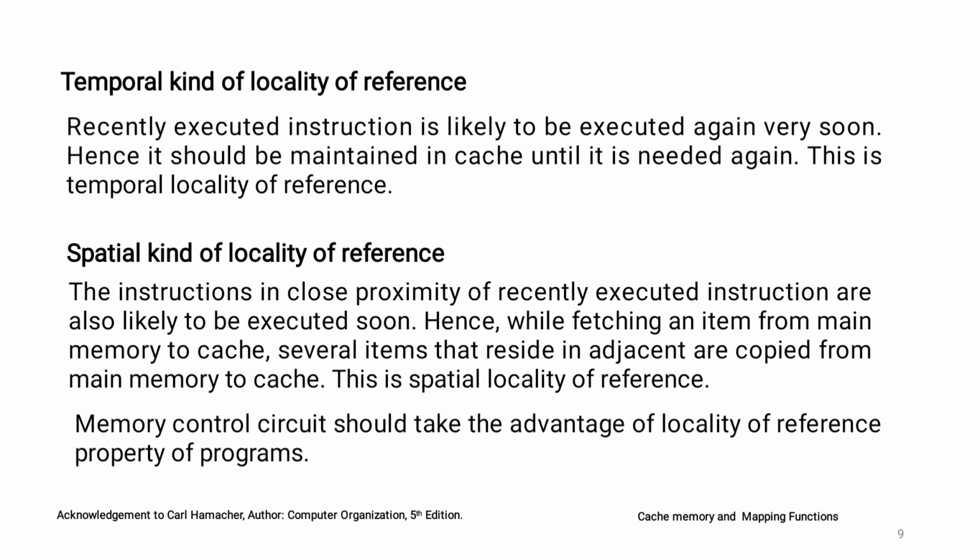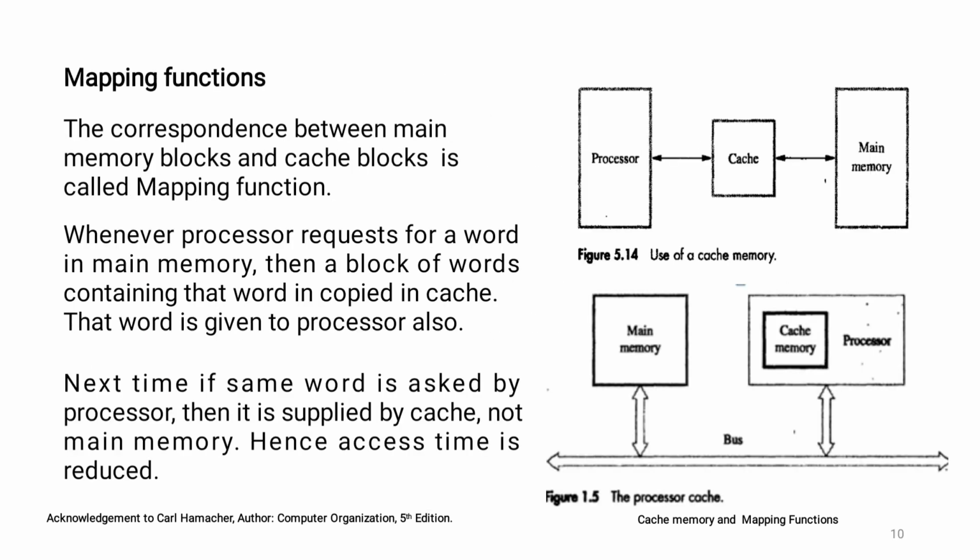The memory control circuit should take advantage of the locality of reference property of programs for the best utilization of cache memory. Then we have mapping functions, that is, cache mapping functions. Mapping means correspondence: a part of a program is copied from main memory to cache so that it is executed fast by the processor. Whenever the processor requests a word of data or instruction, it specifies the address in main memory.